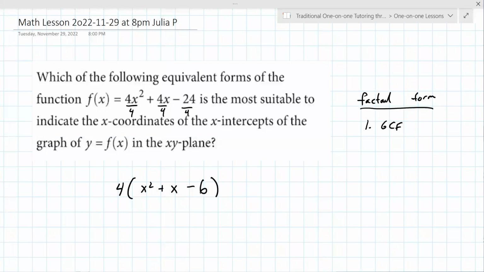Very good. Okay, now this is no better really than the previous one because you still don't know the x-intercepts, because you don't know the factors. So that's where you got to factor again. This is the factoring a equals 1, 1 referring to the coefficient in front of x squared. So you're looking for two numbers that multiply to -6, but add to +1.